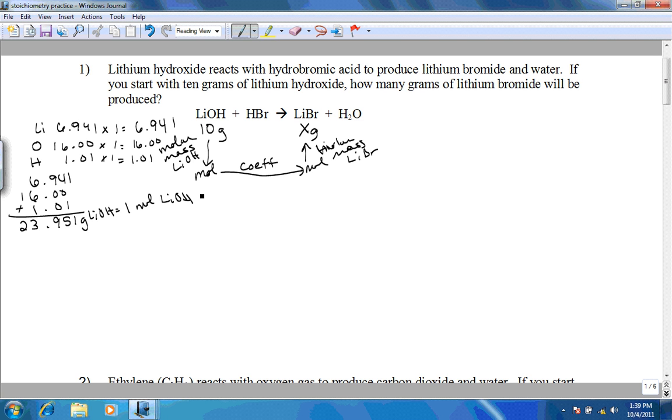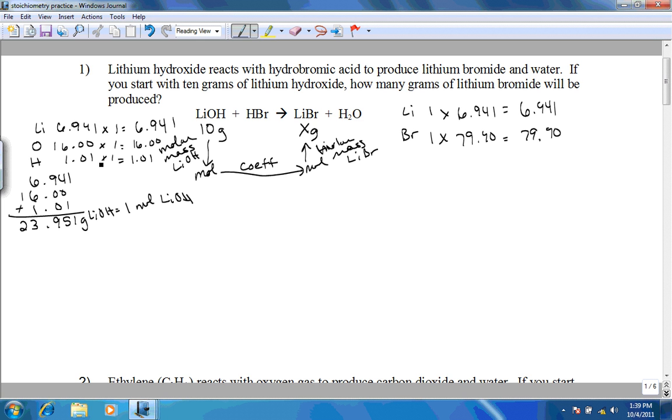We're going to do the exact same thing, but now we're going to do it for lithium bromide. So we have lithium and we have bromine. Notice that there aren't any little numbers. There's no subscripts, so that means that they're 1. So 1 lithium times 6.941 and 1 bromine times 79.90. And we found these numbers off the periodic table, just like these.